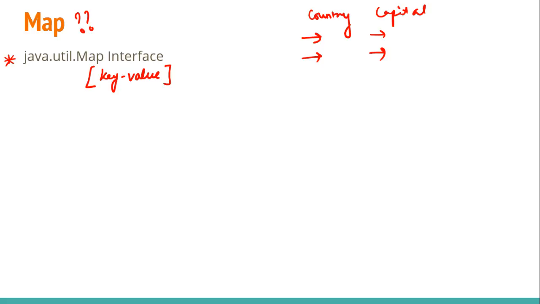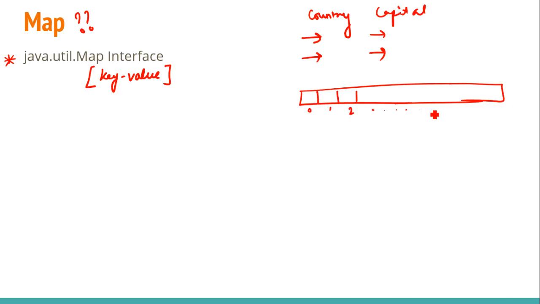One simple way that everybody knows is using arrays. You create an array that would store countries at different index values. So there is a country, let's say India, then let's say we have Pakistan, and so on.